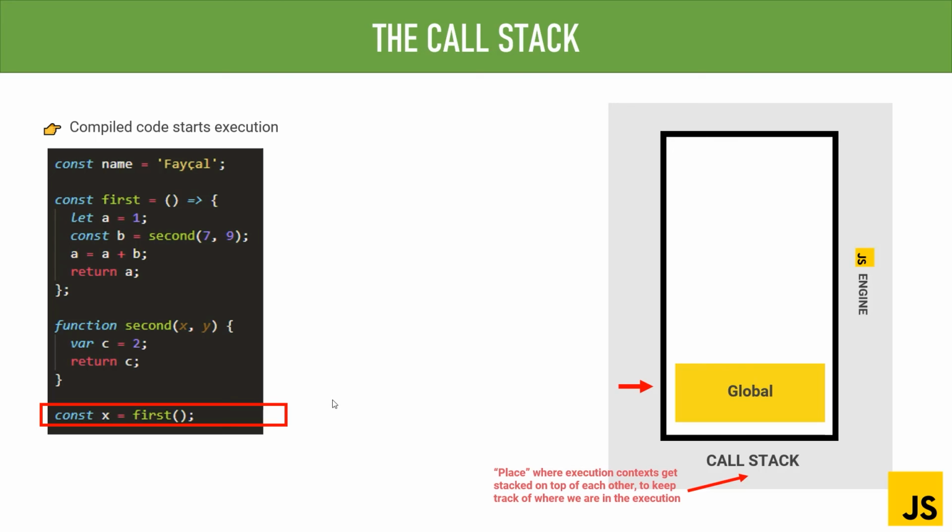Now the program will actually stay in this state forever until it's eventually really finished. And that only happens when we close the browser tab or the browser window. Only when the program is really finished like this is when the global execution context is also popped off the stack.